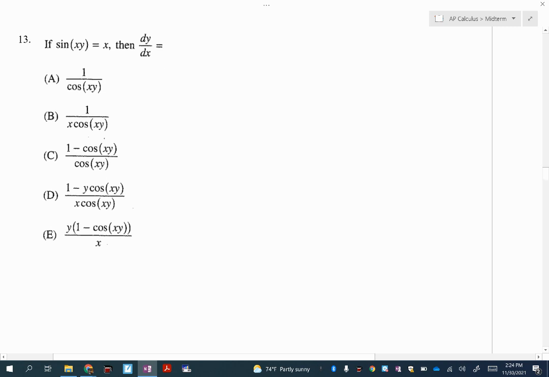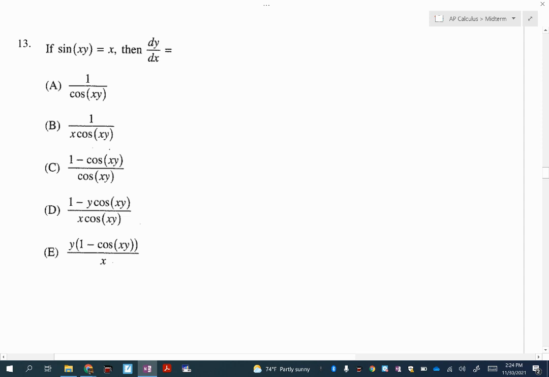Okay, 13 wants us to find dy/dx. This is called implicit differentiation. So I'm going to find the derivative of the sine of xy, which is cosine of xy, chain rule. Using the product rule, I have 1 times y plus x times dy/dx equals the derivative of x, which is 1.